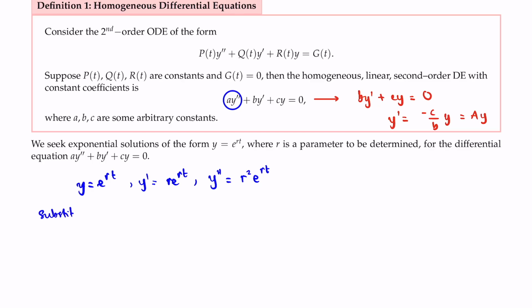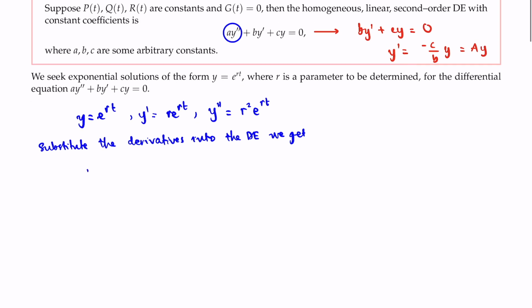Substitute the derivatives into the differential equation. We get a times y double prime, that is a r squared e to the rt, plus b times y prime, that is b r times e to the rt, plus c y, that is c times e to the rt, equal to 0.